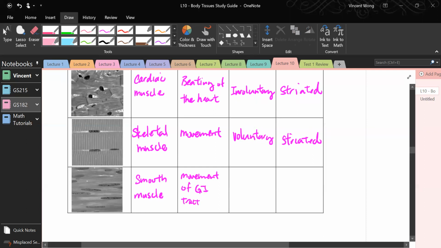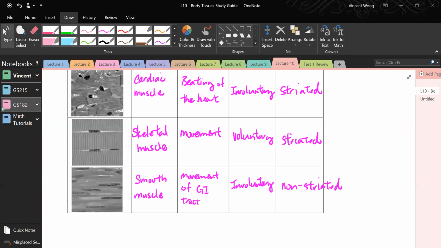How does the food move in your intestine? That's the function of the smooth muscle. That is involuntary, and it is non-striated. They do not have bands.